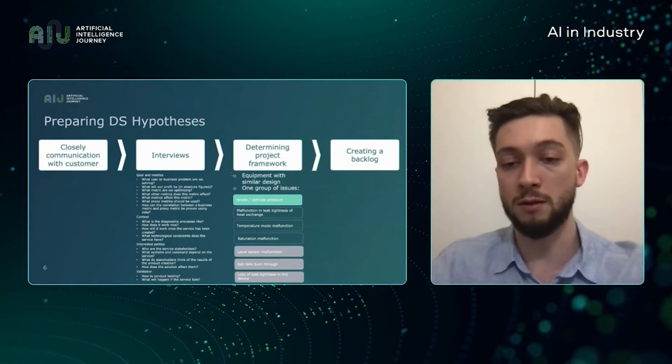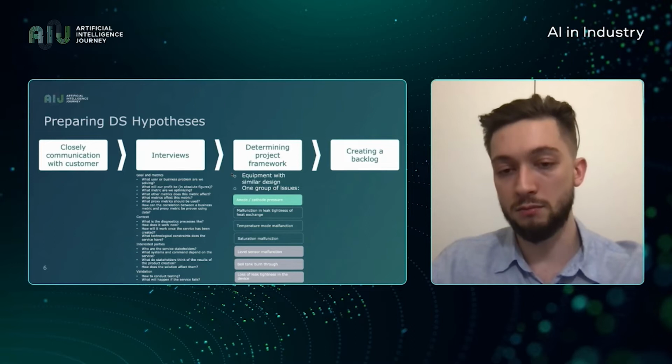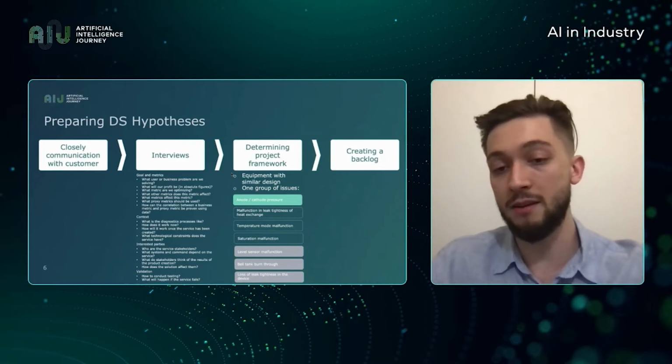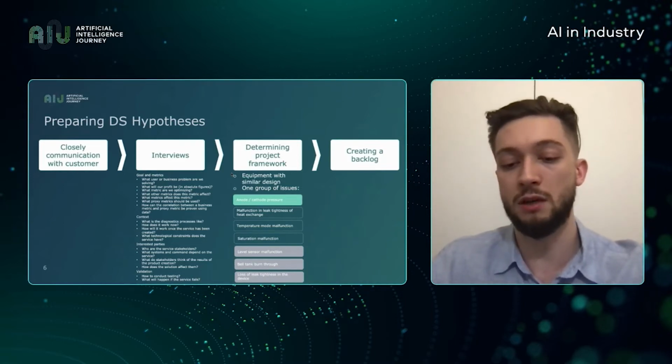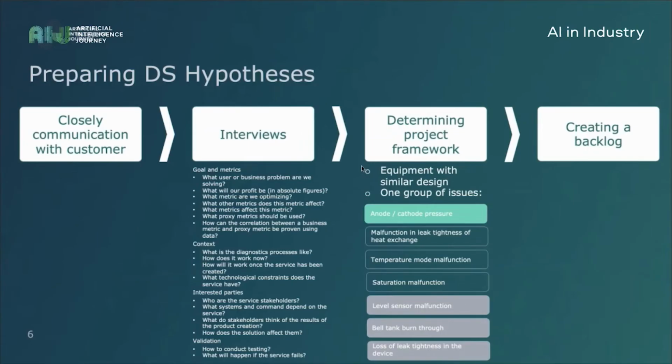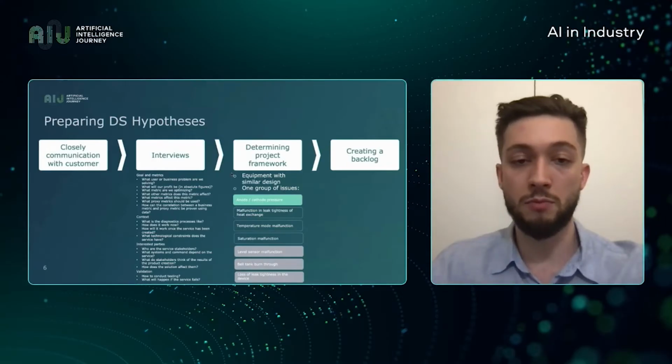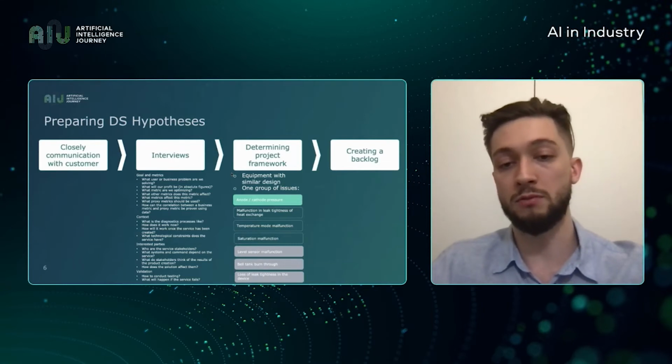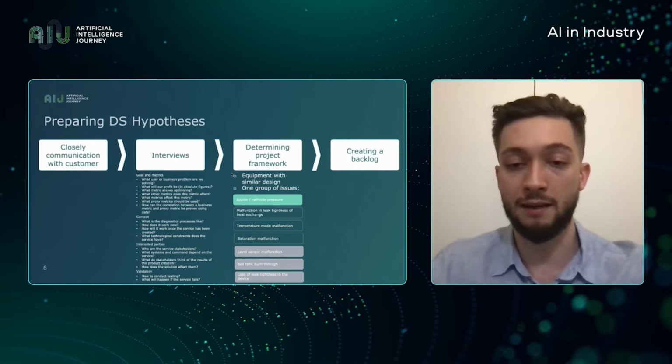Further on, we have certain issues with electrolyzers that we cannot detect because we do not have enough data. They are very rare issues, or issues that do not pose problems in production. For example, anode and cathode pressure, highlighted in green, is an acute problem, and it had very large statistics in the maintenance journal.